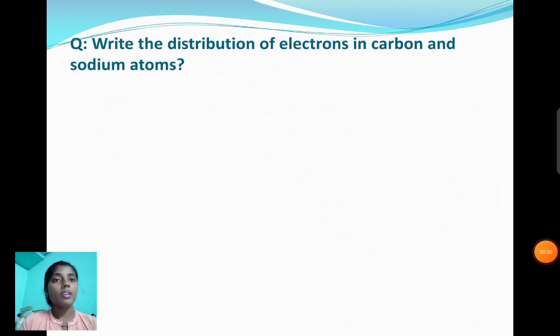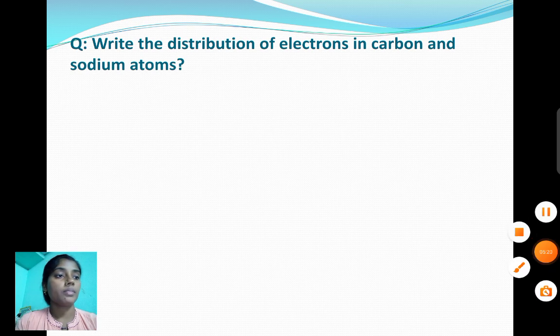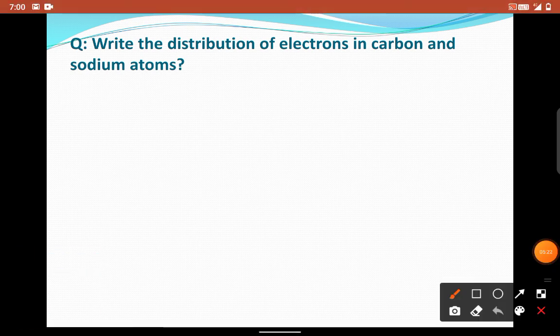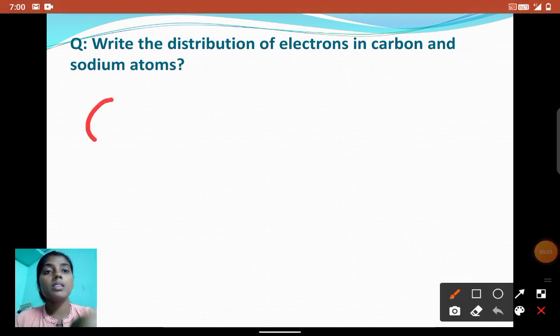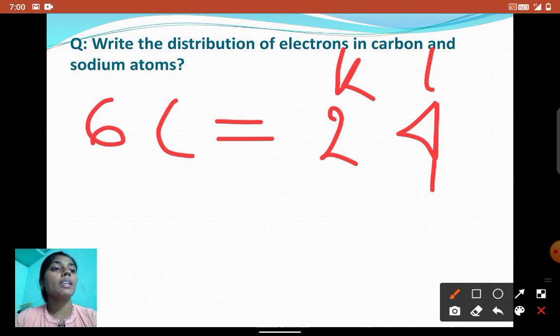Next, a question. Write the distribution of electrons in carbon and sodium atoms. Carbon's atomic number is 6, so C is 2, 4, in the K shell and L shell.